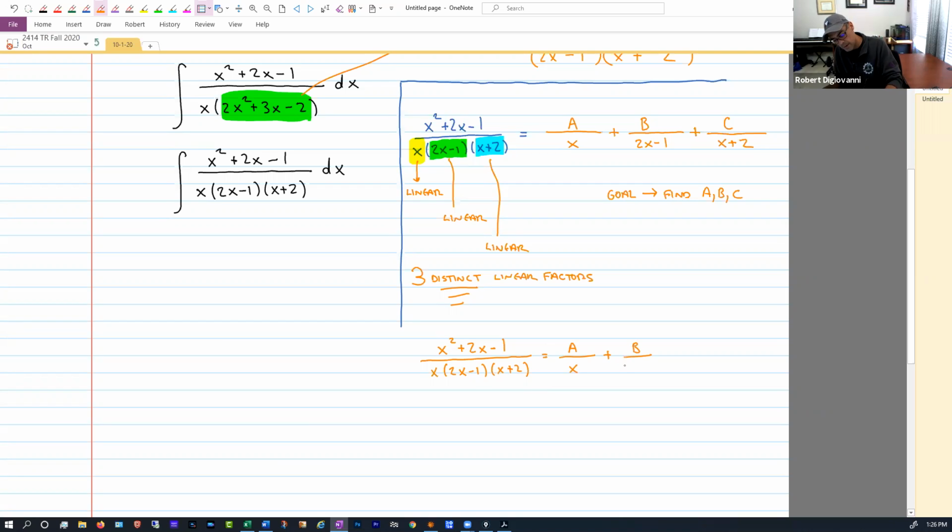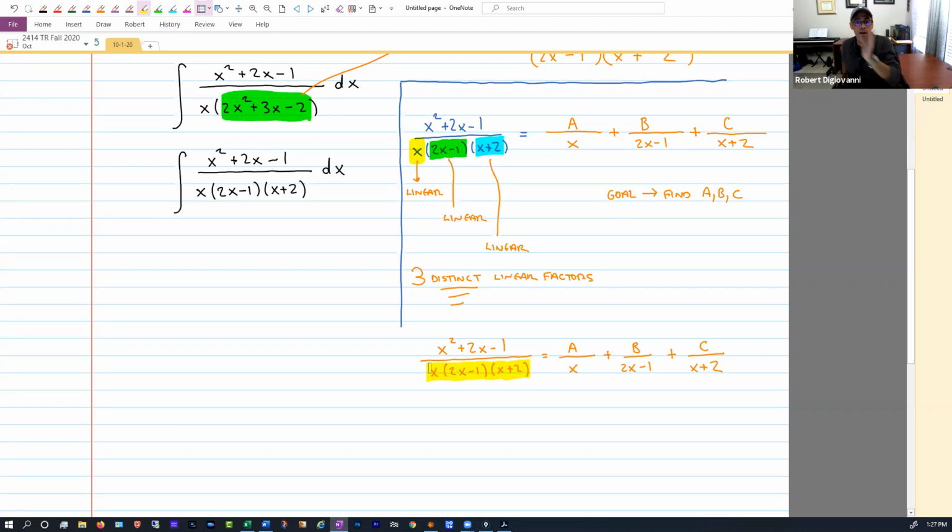I'm not going to combine these things on the right-hand side together. I'm not trying to put them together. What I'm going to do is try and clear the fractions out completely. I want to get rid of the fractions. So what I'm going to do is recognize that the common denominator that we could have would be this.